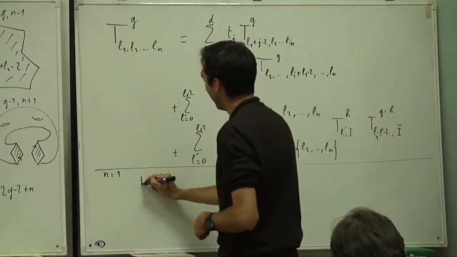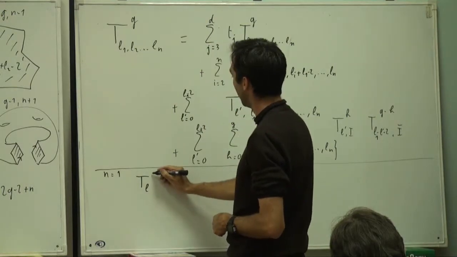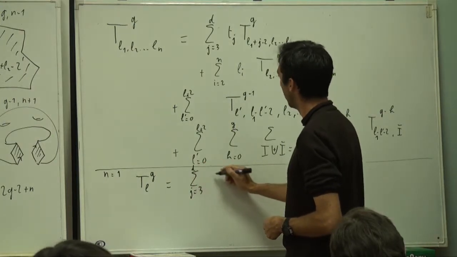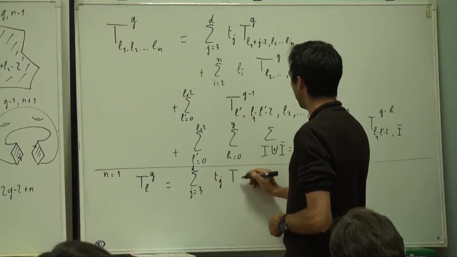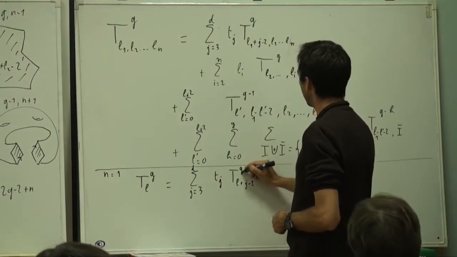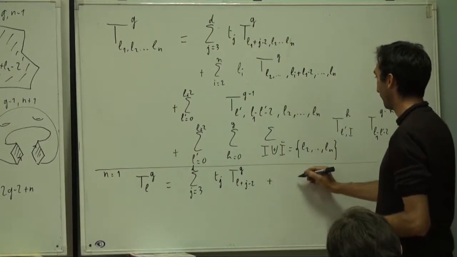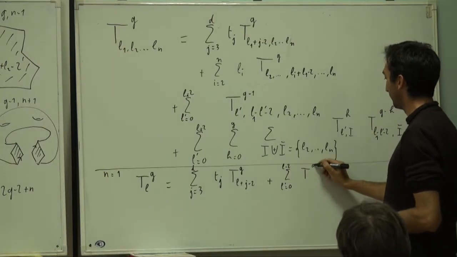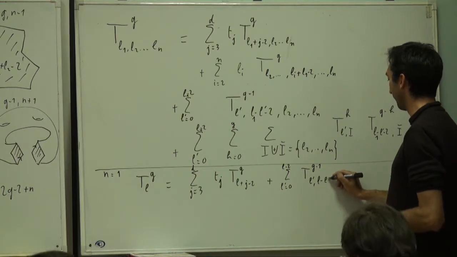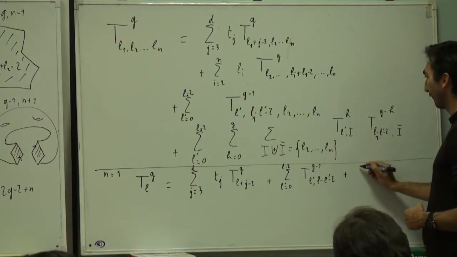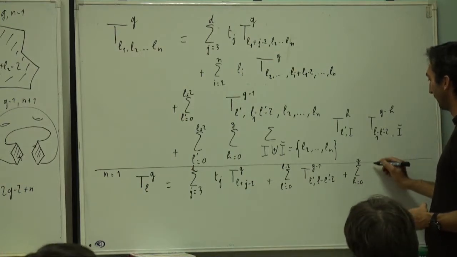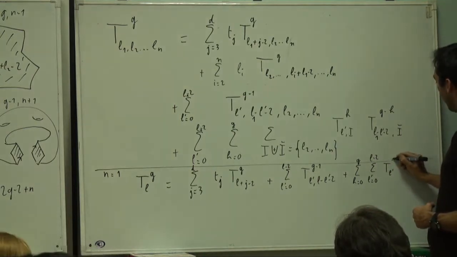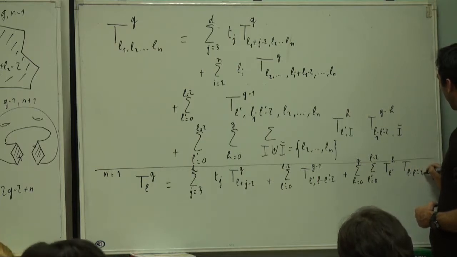So let me say T_{L,G} equals sum from j equals 3 to d of T_j T_{L+j-2,G}, plus sum from L' equals 0 to L-2 of T_{g-1, L'} T_{L-L'-2}, plus sum from h equals 0 to g, sum from L' equals 0 to L-2 of T_{L',h} T_{L-L'-2,g-h}.